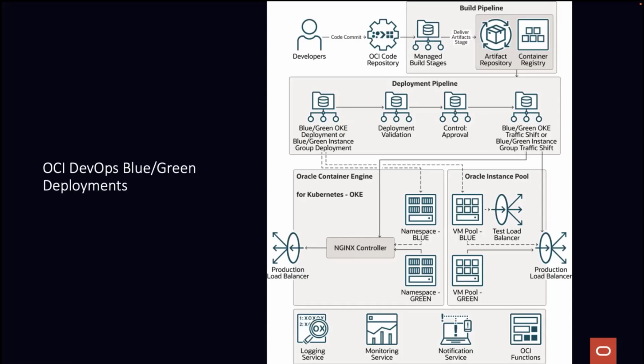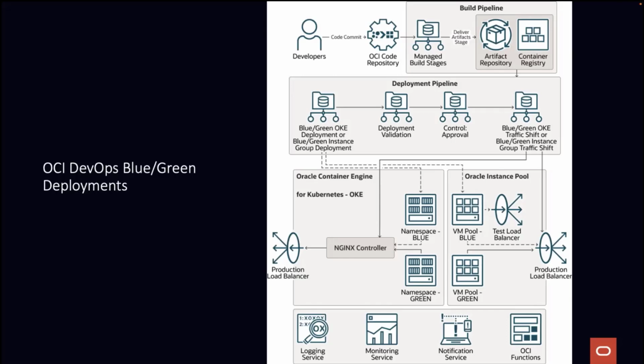When you push the code, it takes that as a trigger and runs the build stages. For the build stages, first we deliver artifacts. The first one is delivered to the container registry, and if you have a Kubernetes manifest file, it is delivered to the artifact repository.